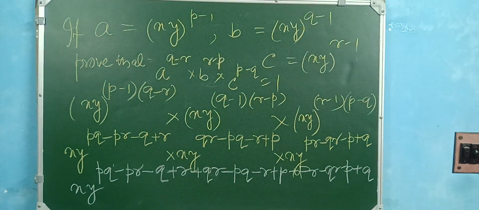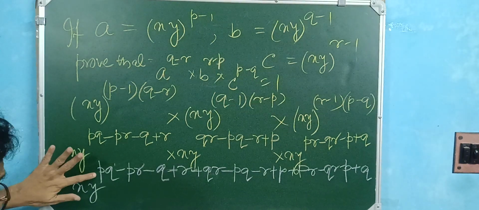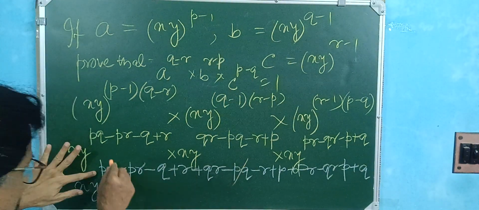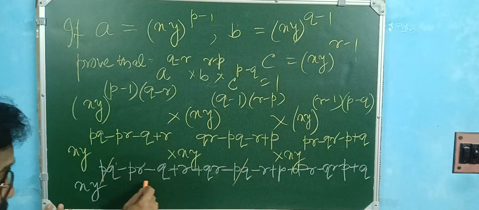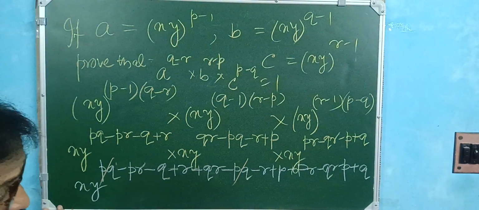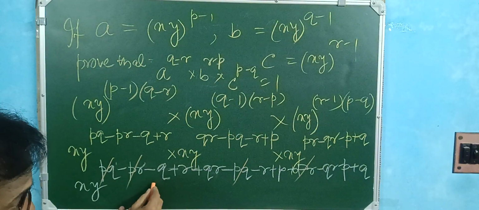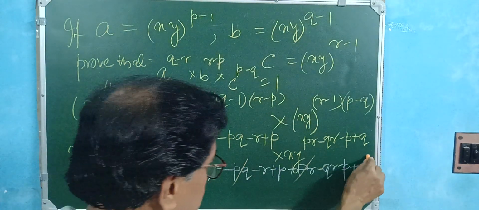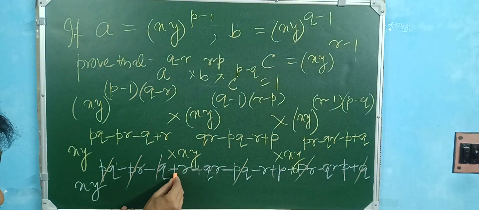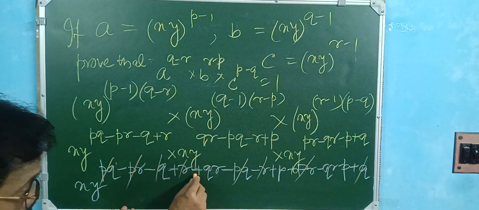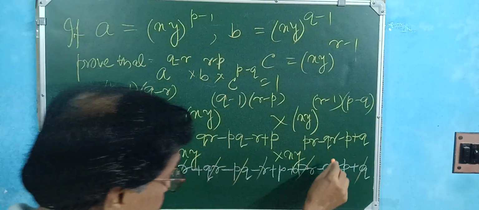Okay, now here is plus p minus pq plus pq, count minus pr, where is pr, plus pr, minus q plus q plus r minus r plus qr minus qr.